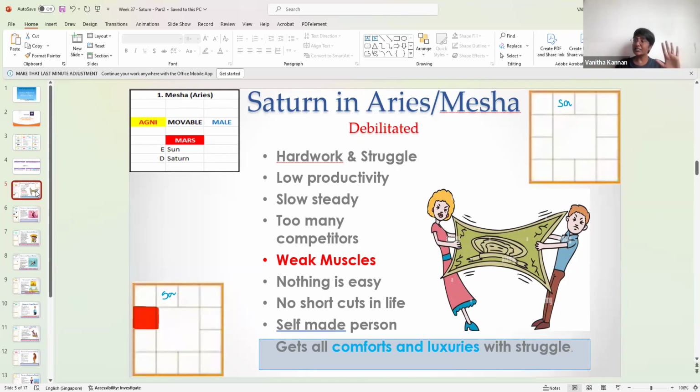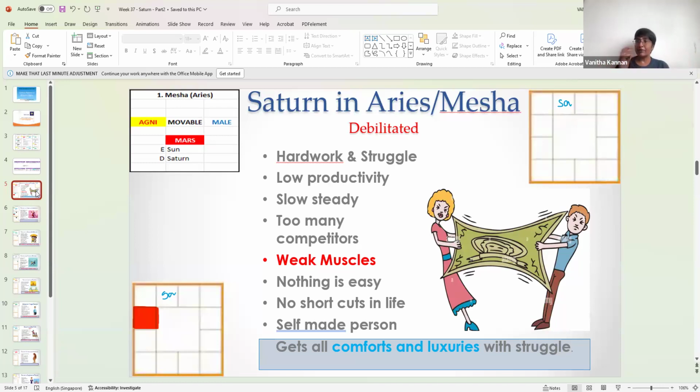But when Saturn's energy is completely depleted, you will be slow also. You definitely will be slow, and the steadiness will come because you are already slow, right? That's why the steadiness also comes, but not in a good way. That slow and steadiness is not necessary for your life.